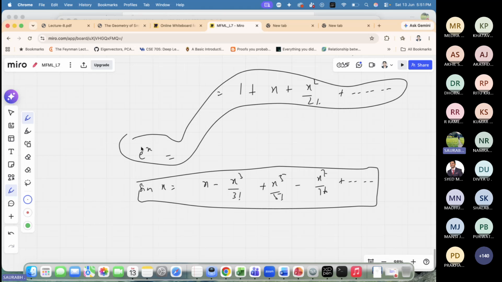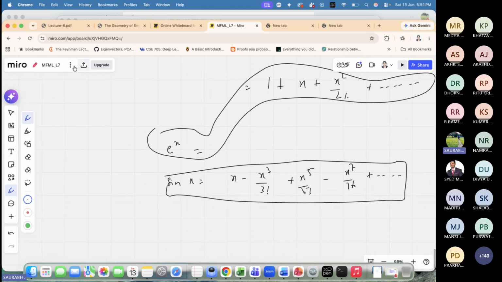Okay, because the idea is you already know the value of the function at a point, which is e to the power 0. You already know that sine 0 is equal to 0. So you can approximate it at a nearby point using Taylor series. That's the idea. Okay, that's why there is Taylor series. Now I will go back to two-dimensional Taylor series and will tell you about what kind of problems are going to be asked in your exam. But let me get to your questions first.